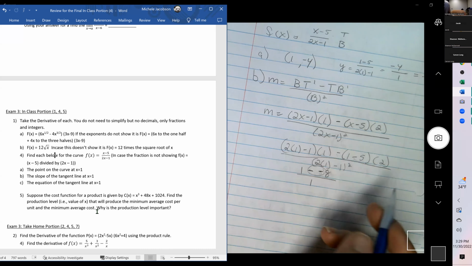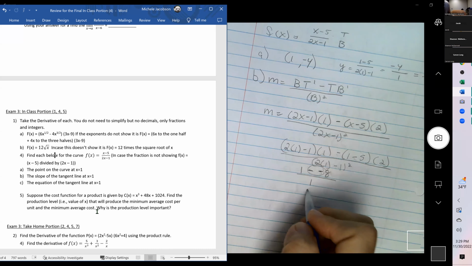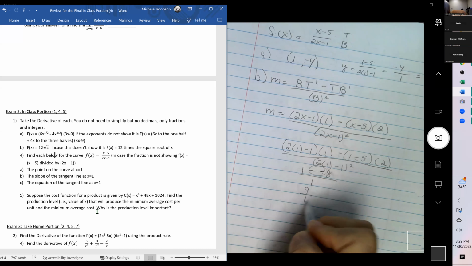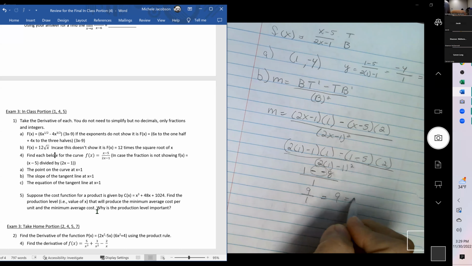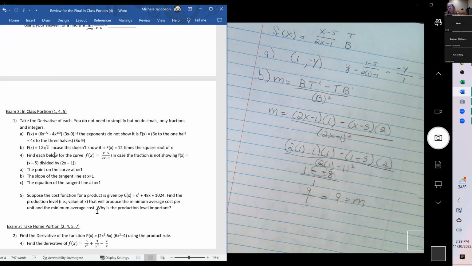Negative and the negative is a positive. 1 plus 8 is 9. So our slope of the tangent line is 9.